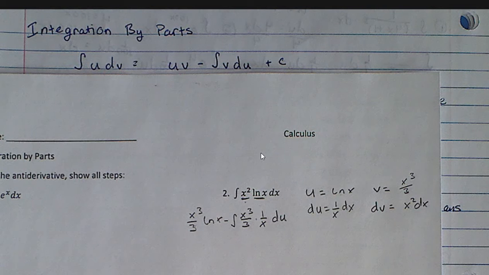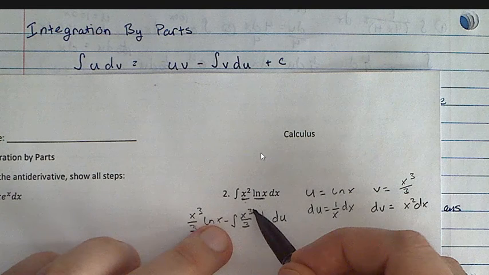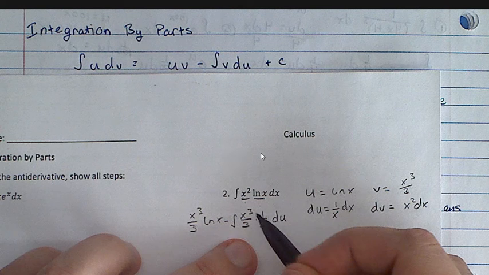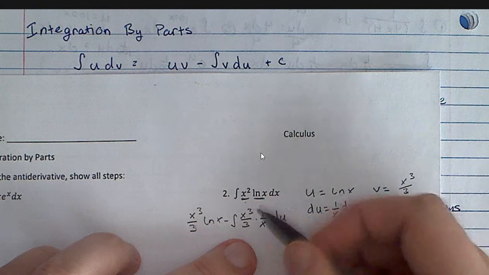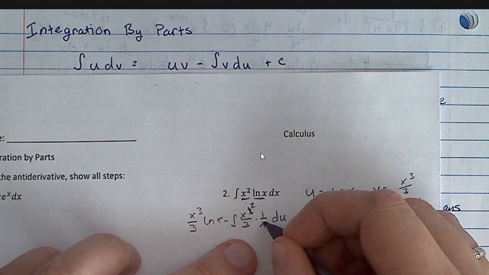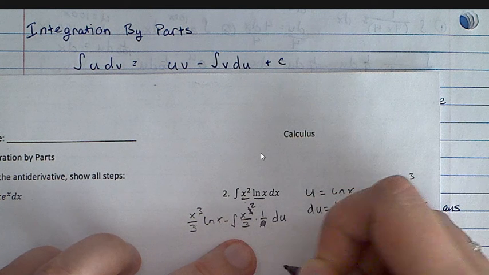Now, in that second integral, what can I do here to make my life easier? Simplify, right? Cross reduce. So this x to the third and this x here would cross out towards x squared over 3. So this x here would just go away. No more x.